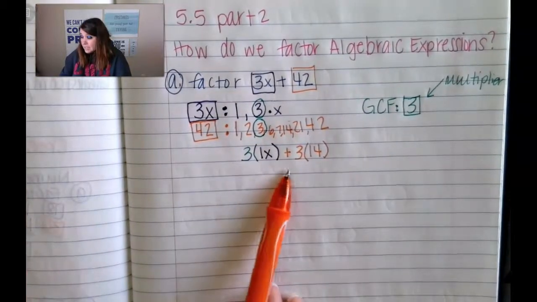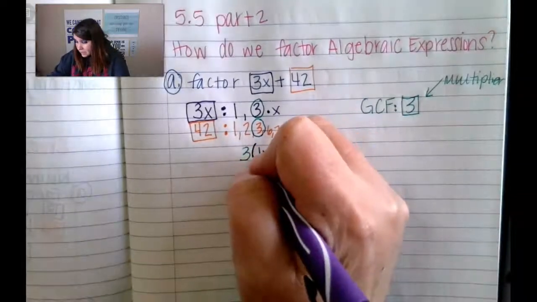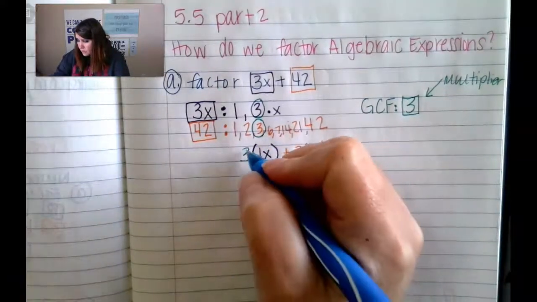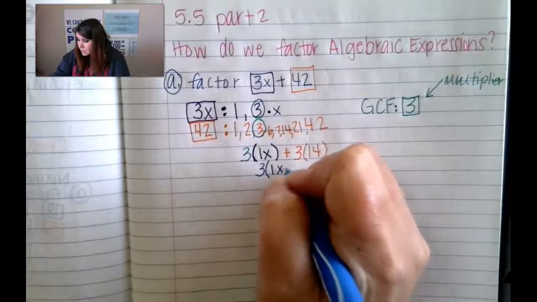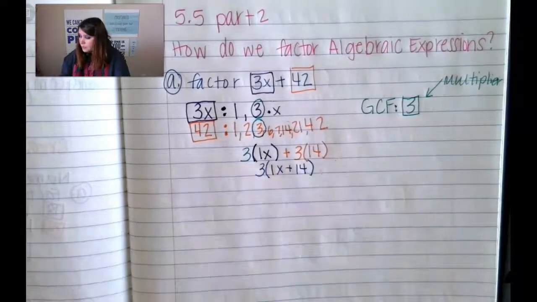Okay, now let's double check this to make sure that I get the same answer on the outside. Right now I don't have a distributive property, so let's distribute: 3 times 1x plus 3 times 14.